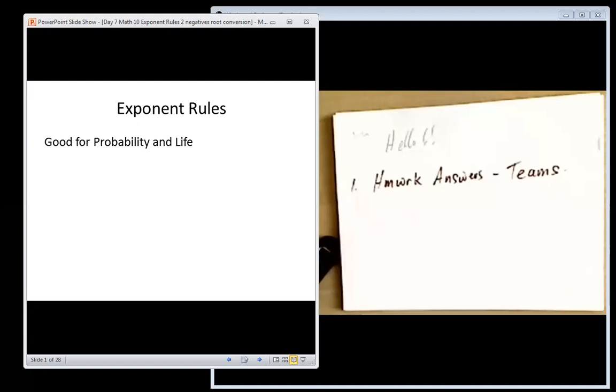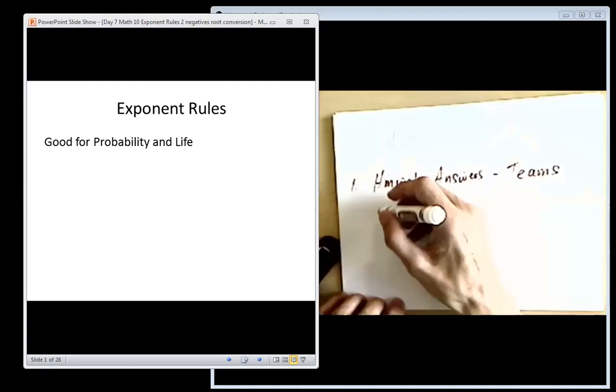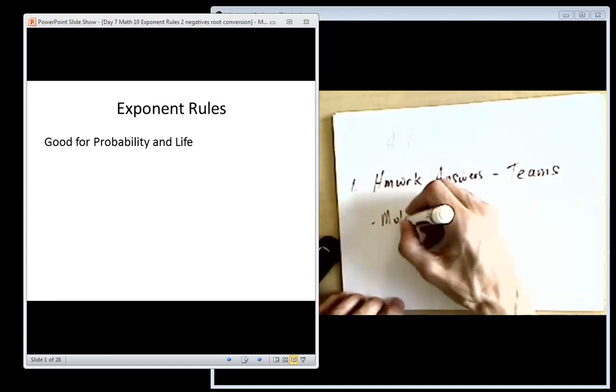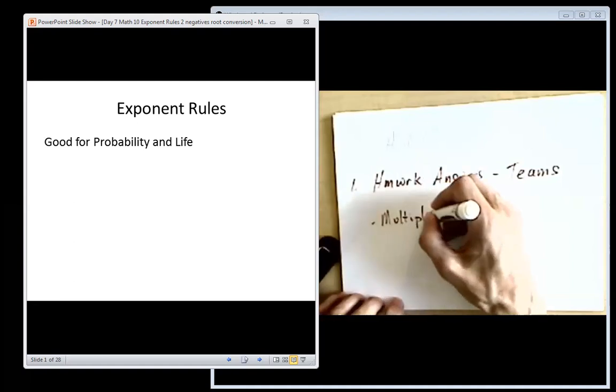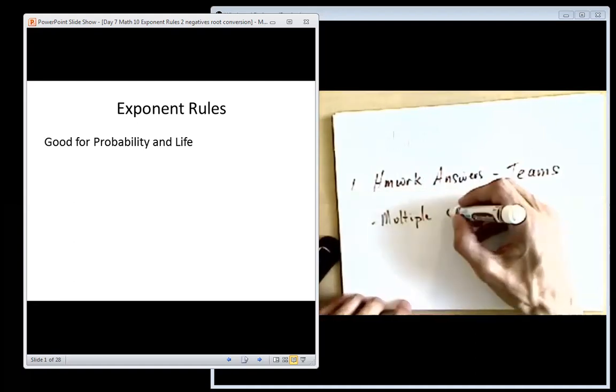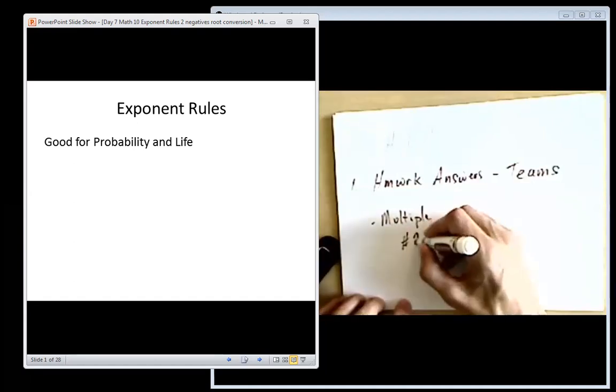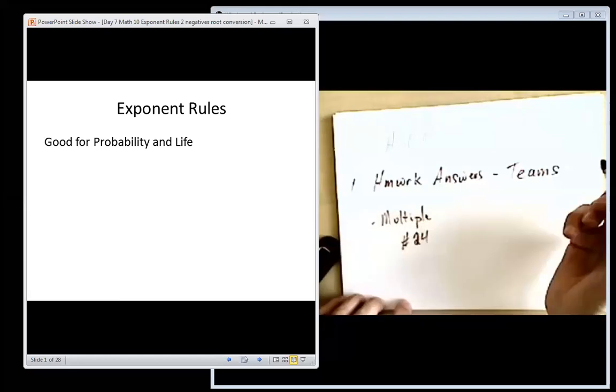From the homework, the multiple function. It's the 24. Question number 14, 24. Okay, I might get to it later today.